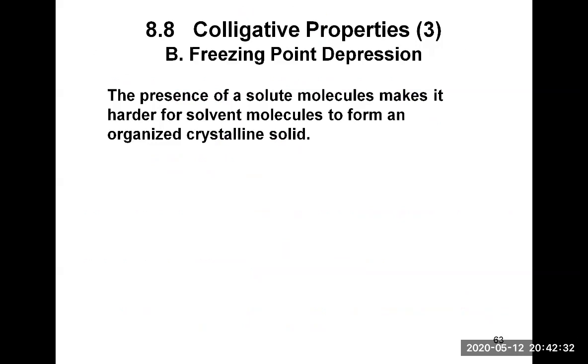Imagine that when liquid is becoming solid, it needs to get organized into a pattern, because from liquid to a solid, you go from a random packing of molecules to an organized one with a pattern.